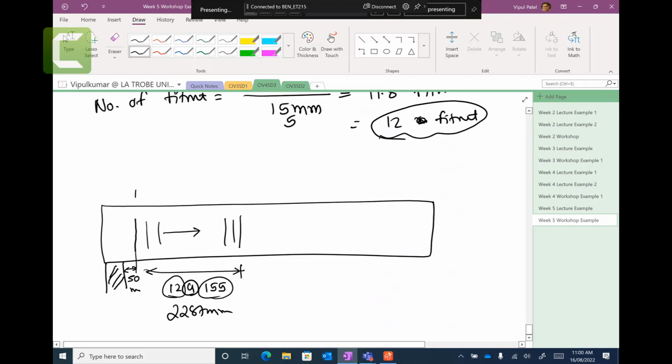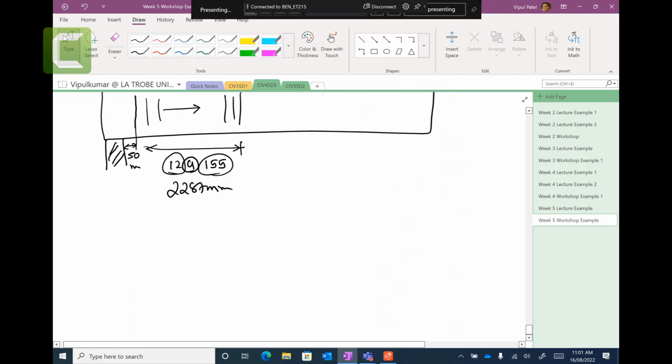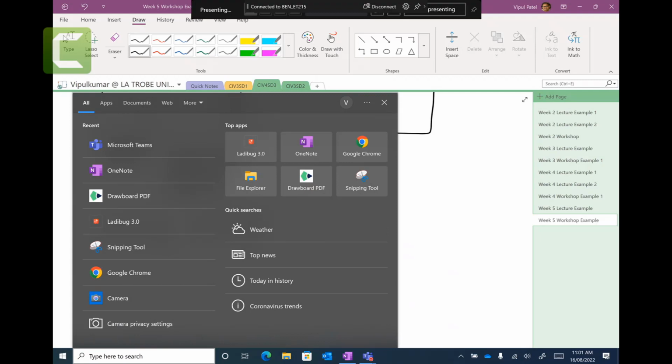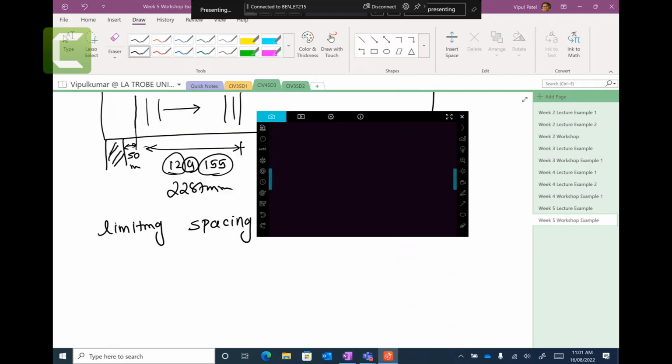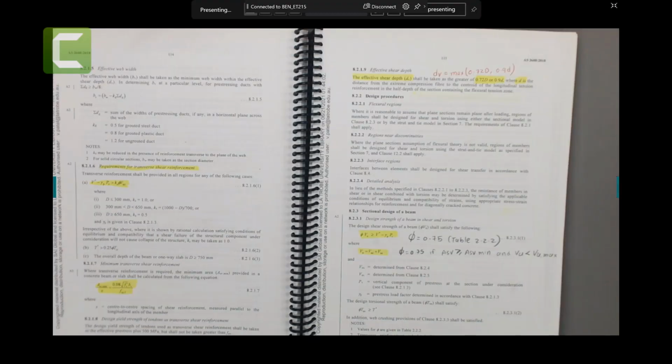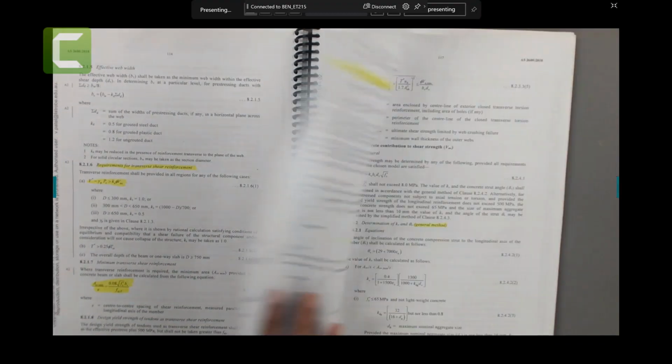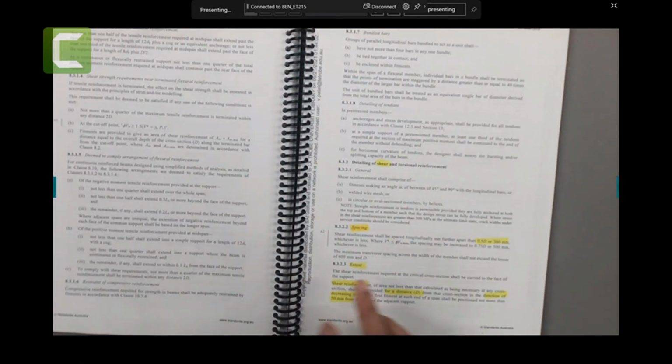I think there is one more check that we can make, because for the spacing, you need to make this check of limiting space. You remember in the lectures, the limiting spacing check.